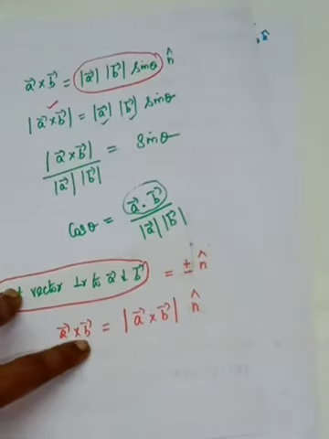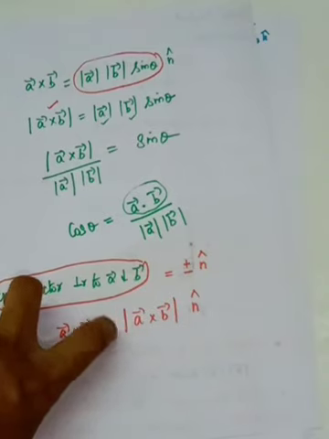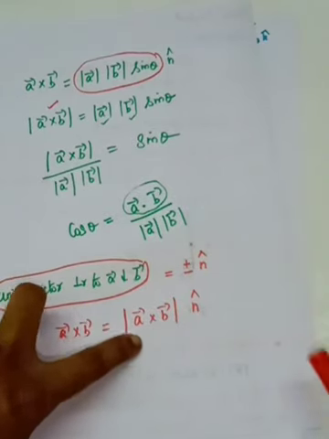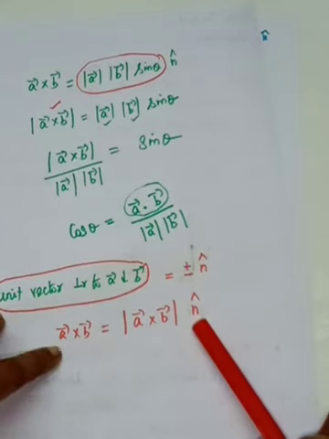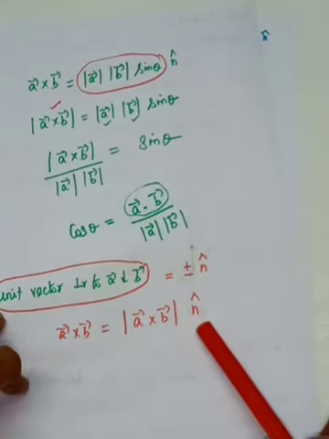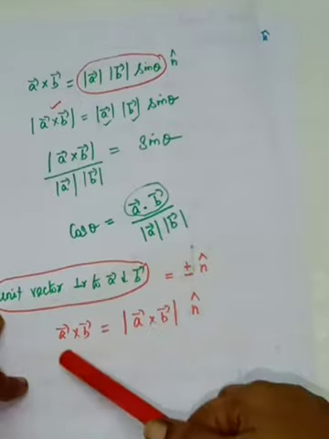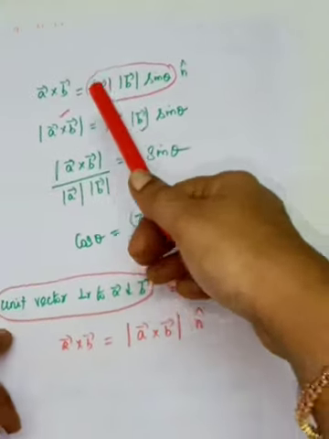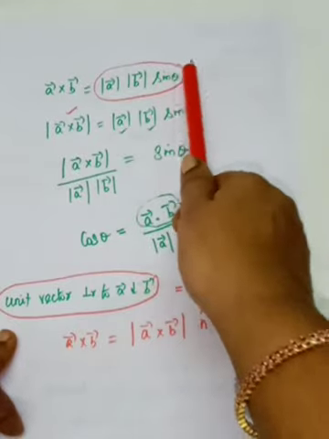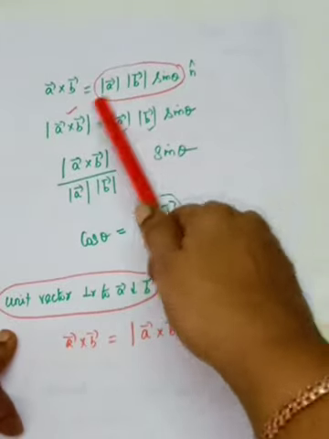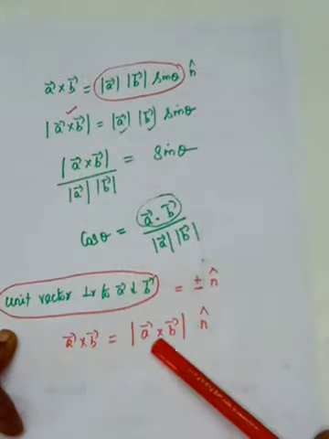A cross b is what? It is the magnitude of a vector cross b vector, and a unit vector acting in the direction perpendicular to a vector and b vector. Have you understood? So a vector cross b vector is defined like this. In the place of these three, we can write modulus of a vector cross b vector.